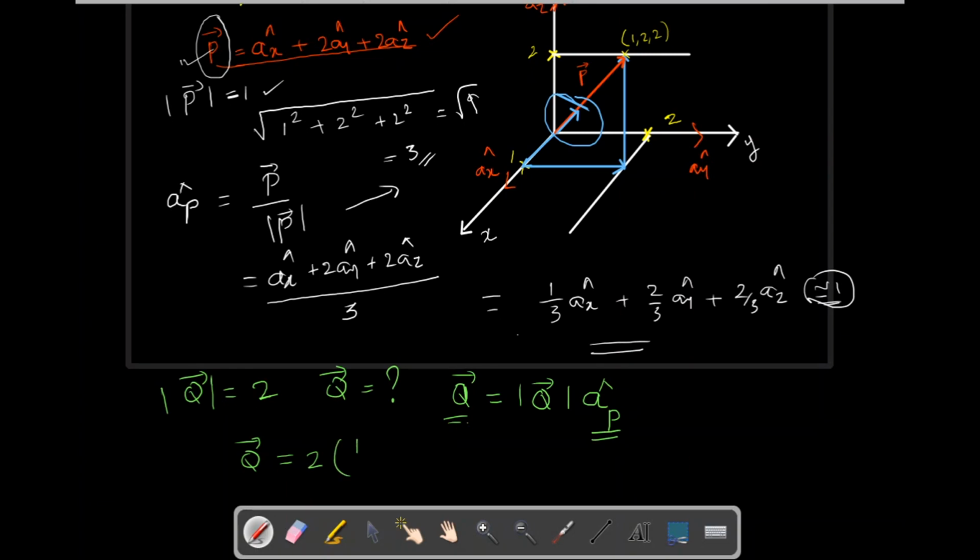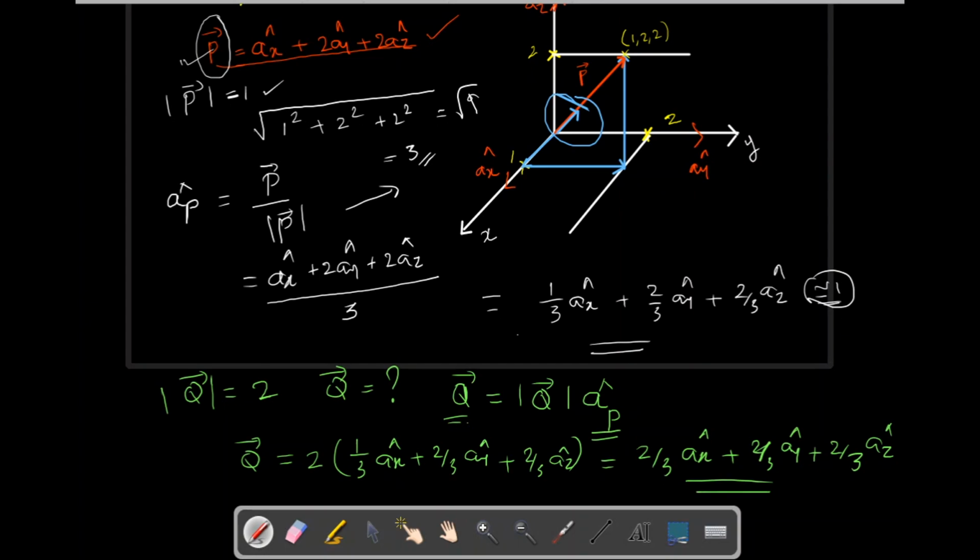What is ap vector? It is 1 by 3 ax cap plus 2 by 3 ay cap plus 2 by 3 az cap. So this is nothing but 2 by 3 ax cap plus 4 by 3 ay cap plus 4 by 3 az cap. So we found a new vector Q in the direction of ap vector.